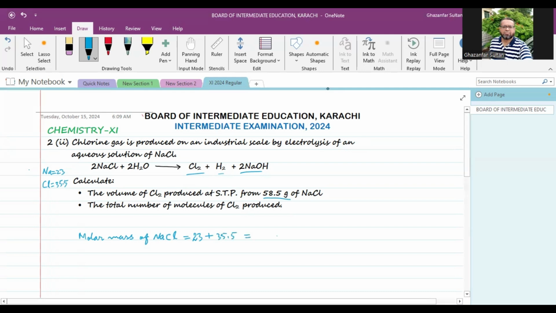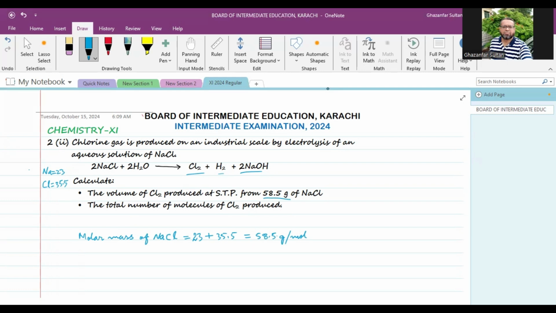So on summation, you will get 58.5. So this is the molar mass, and its unit is gram per mole. And you know here, 58.5 gram of NaCl is given. So it is the same, so it means it would be 1 mole, but we have to show the calculation.